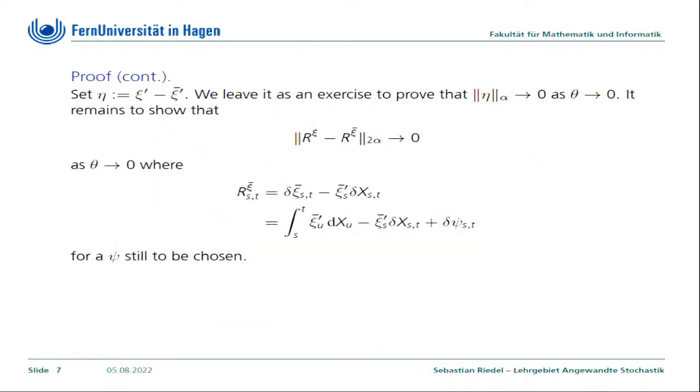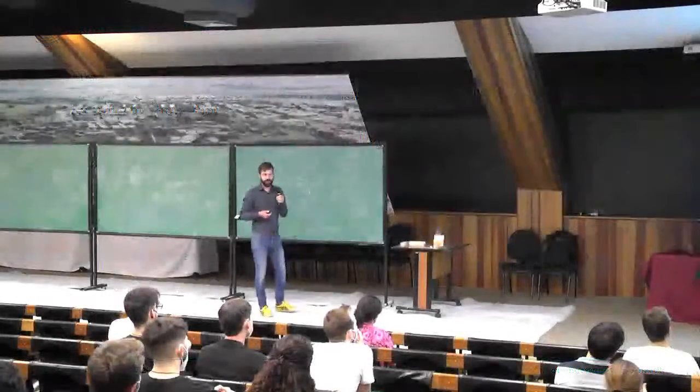The crucial part is to prove that the remainders go to 0 in the 2 alpha Hölder metric. This is actually not hard to see. What you have to prove is that if you have a beta Hölder path and take the piecewise linear approximation, then when the mesh size tends to 0, this converges in the alpha Hölder metric, so not in beta, but in alpha.